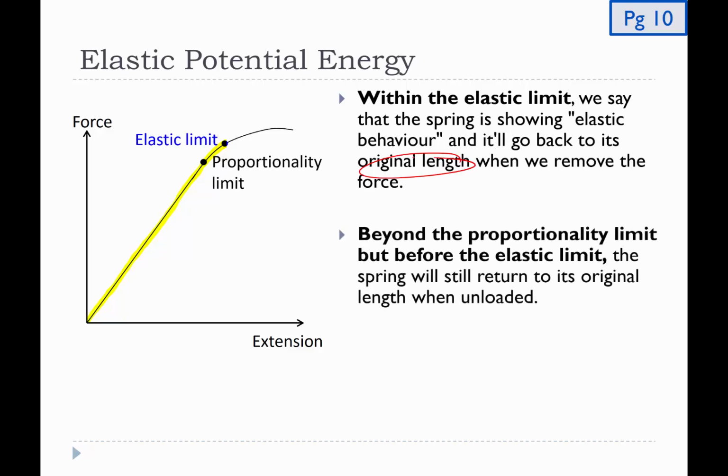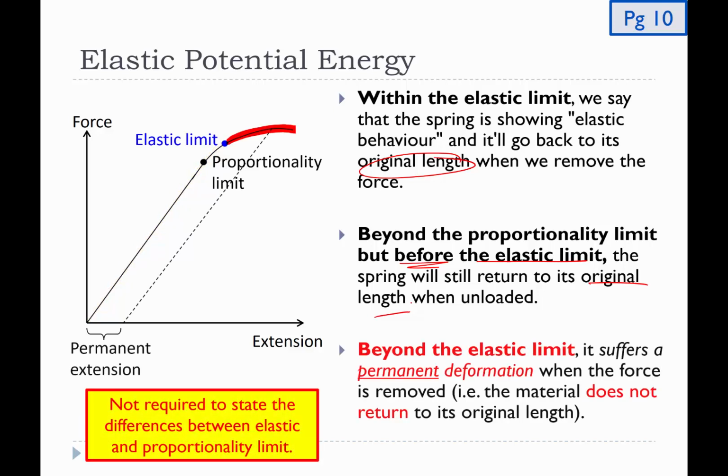But what is important is that beyond the elastic limit, the spring will suffer a permanent deformation when the force is removed. So the material does not return to its original length, there will be a permanent extension, a permanent deformation.